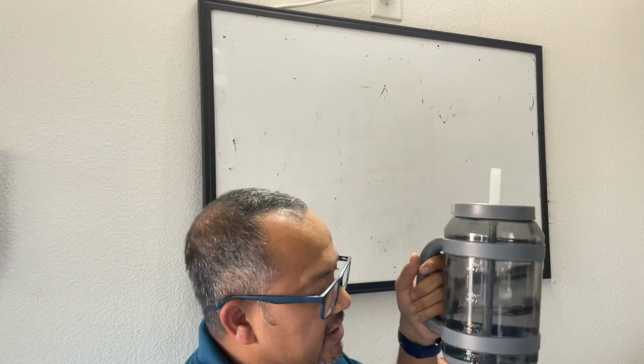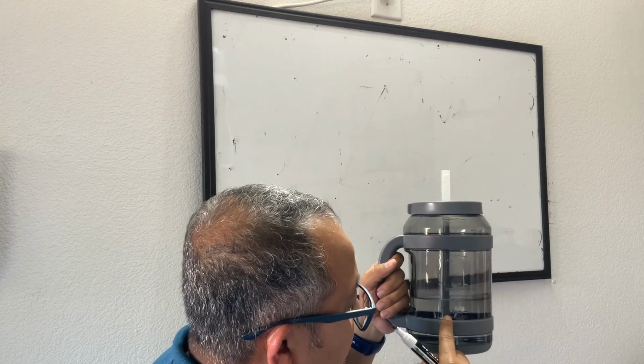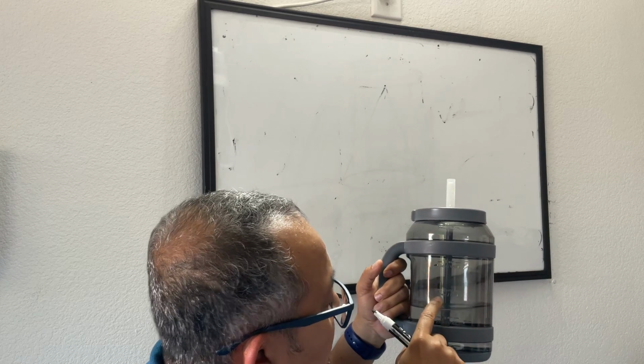There's an easier way of doing it, like what Pradeep was explaining to me. Let's say this is a bucket of water, and as you can see, there are some measurements here. It says 22 ounce, 38 ounce.